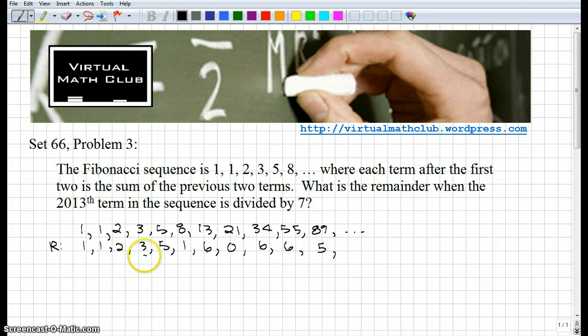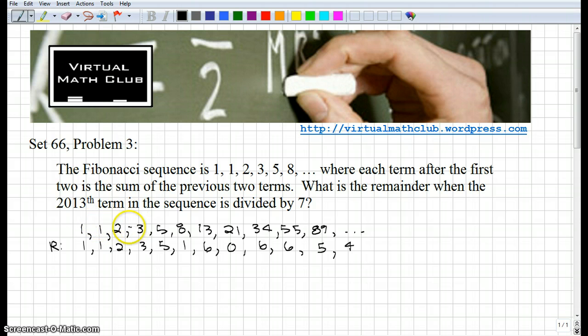So it's almost like we get a Fibonacci sequence unless they add to something greater than 7, and then we have to take the remainder of that. So we can come up with the Fibonacci pattern. Let's keep going. 6 and 5 is 11. That's a 7 and 4, so a remainder of 4. And this kind of makes sense too.